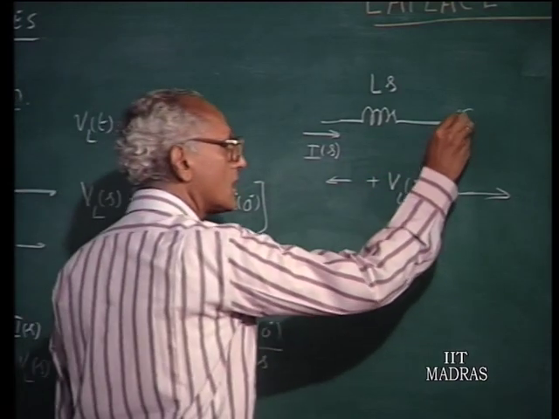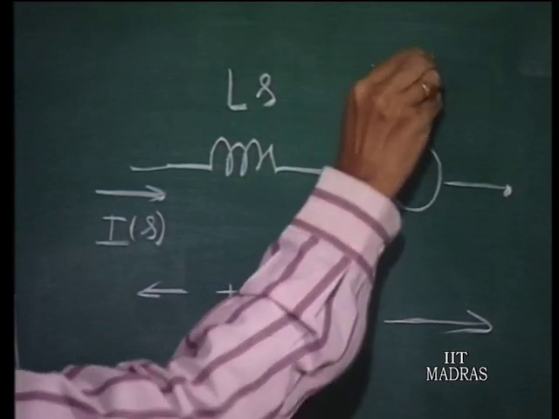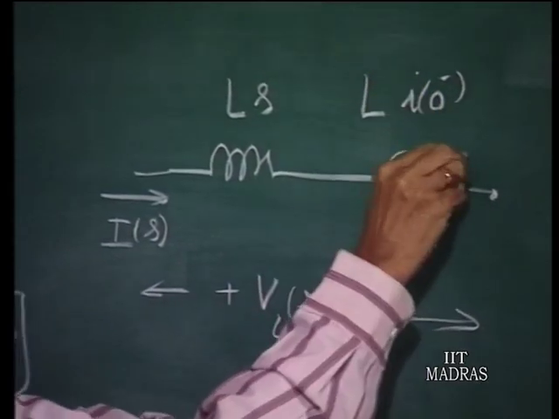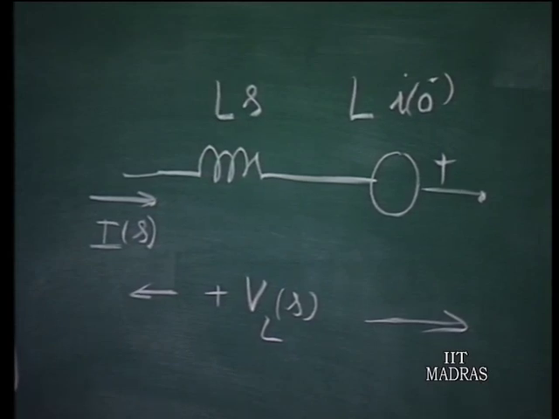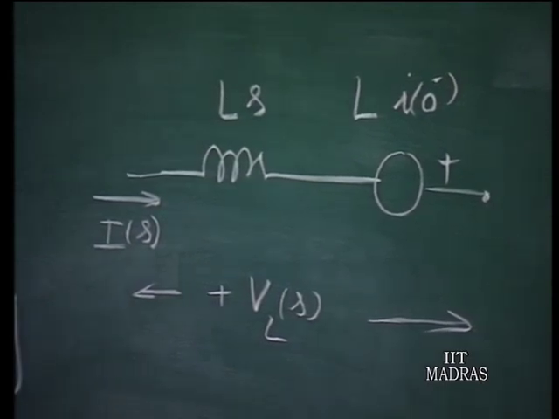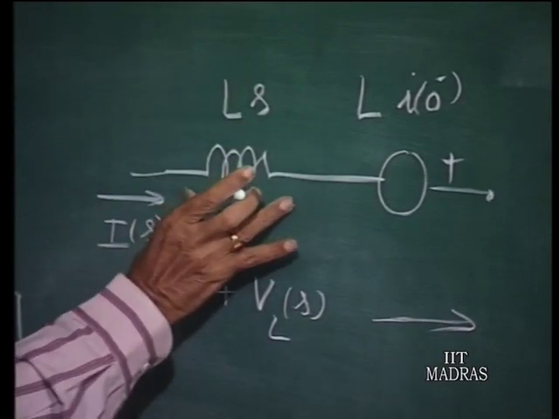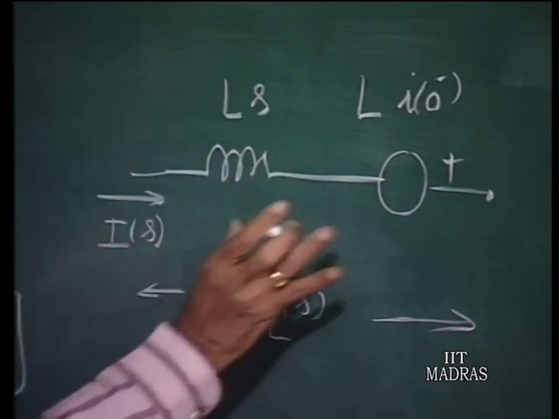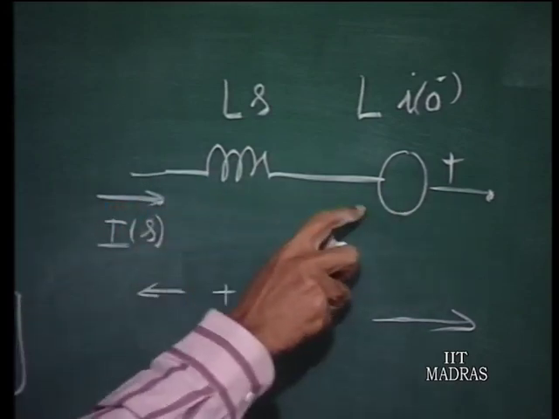So you must have a voltage source in the transform domain which is L times I0 minus like this. So this description answers this equation, that is this circuit V L of S can be thought of as I of S passing through L of S developing a voltage L S times I of S plus minus L I0 minus, because this is a drop followed by a rise.